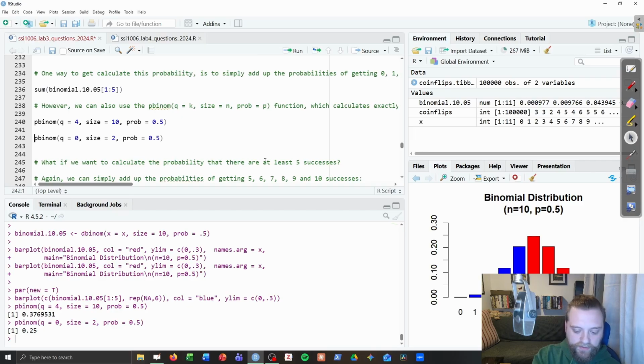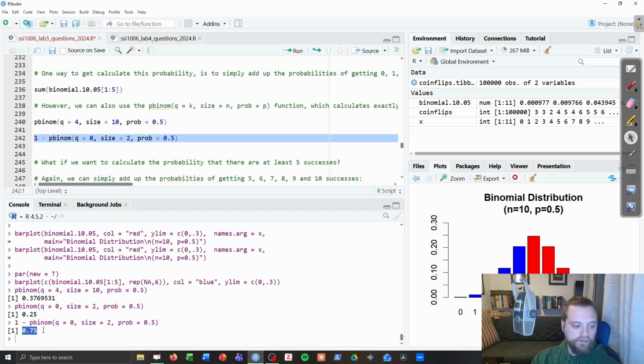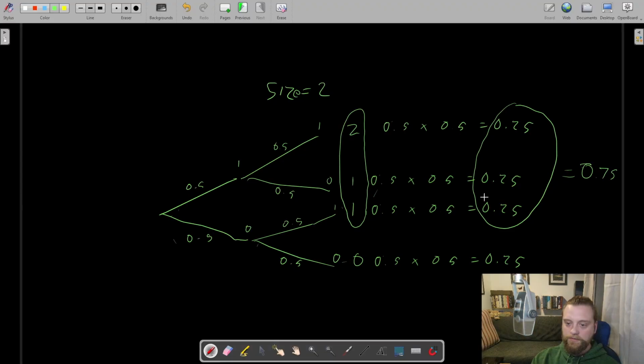And if we want the inverse of that, so this is what we actually calculated, we just have to subtract this from 1. So 1 minus p-binomial q of 0, size of 2, 0.75. So exactly what we see here. So in that case, we just calculated the q of 0, and we subtracted it from 1, and that gives us, again, 0.75.